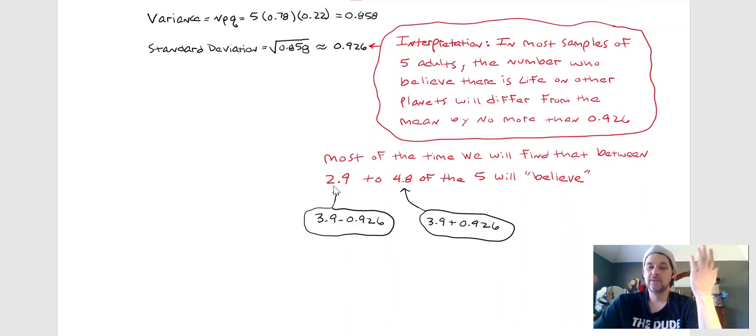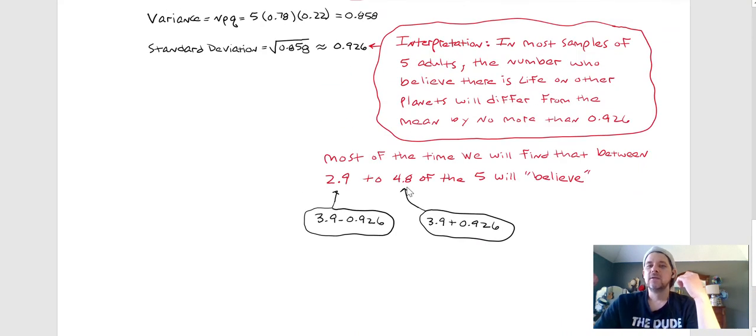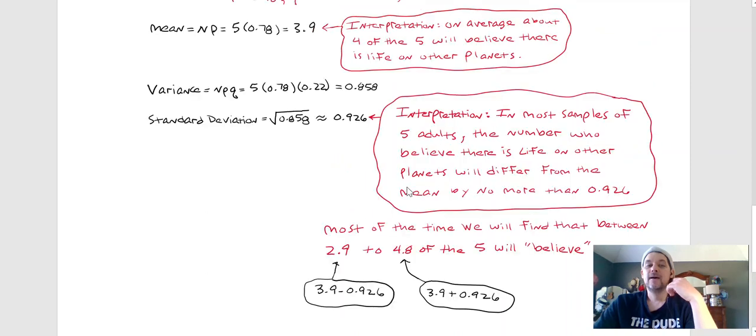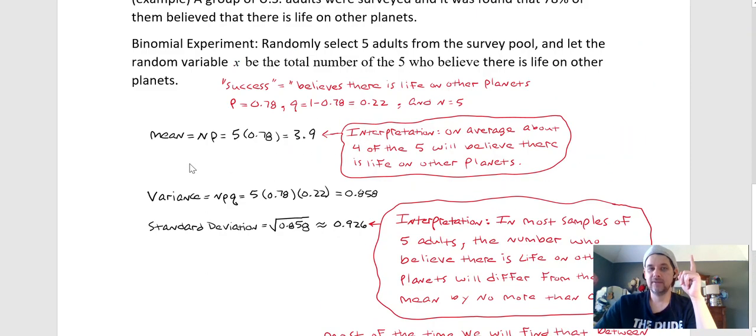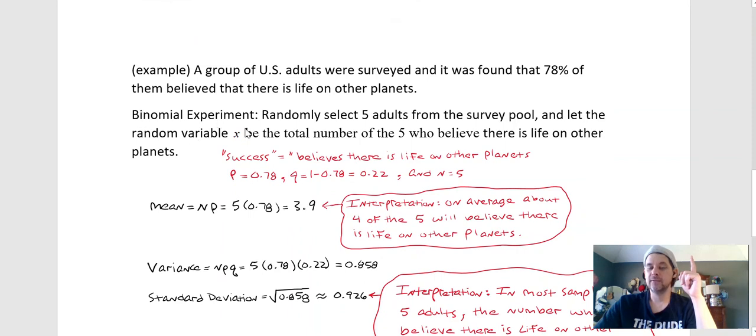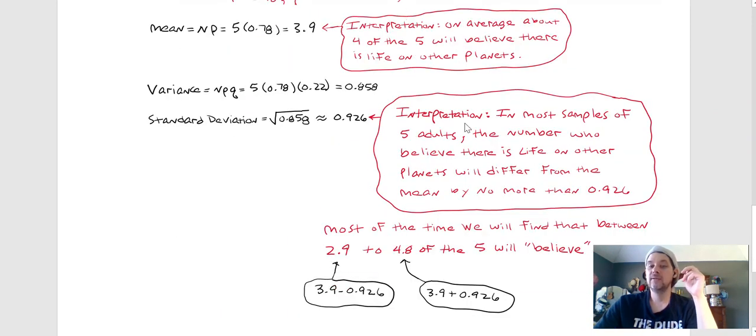So maybe we could say between 3 to 5. Most of the time we'll figure out that between 3 to 5 of the 5 will believe that there's life on other planets. Okay, so that's how to calculate the mean, variance, and standard deviation of a binomial distribution, as well as a way to understand what those numbers tell you.